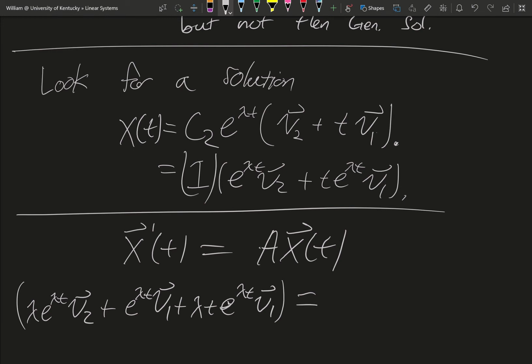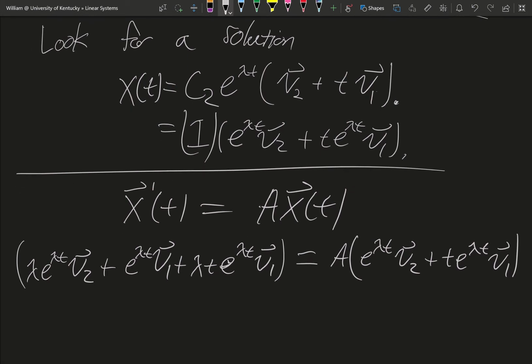On to our right-hand side, we're going to have A, which is our matrix, applied to this whole thing. Every term has an e to the lambda t in it, so let's just get rid of those.